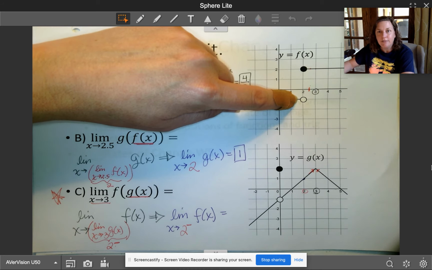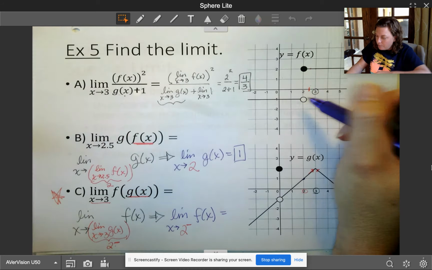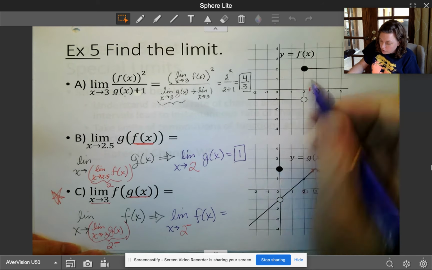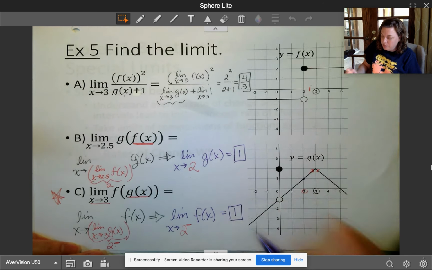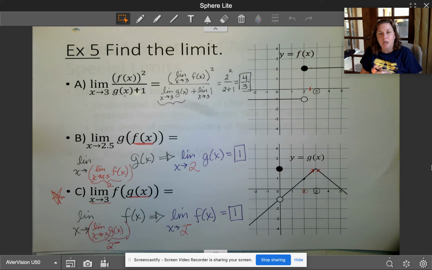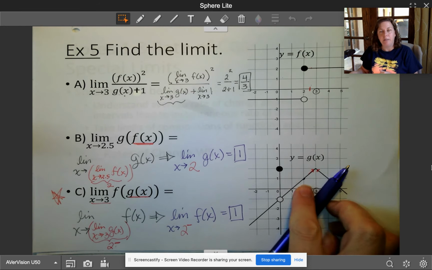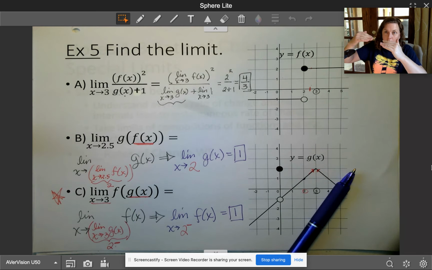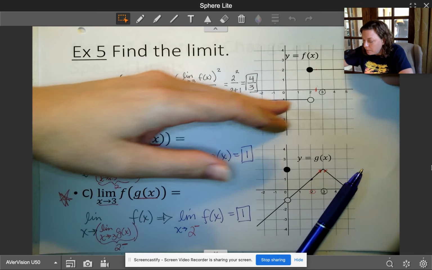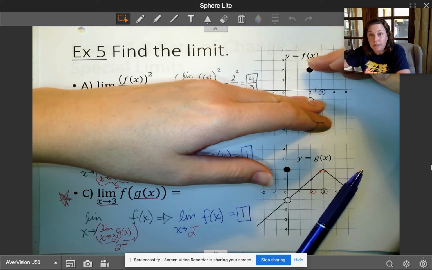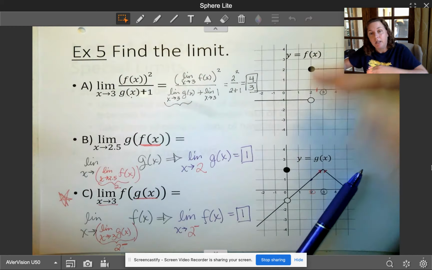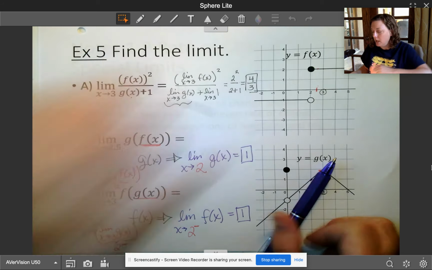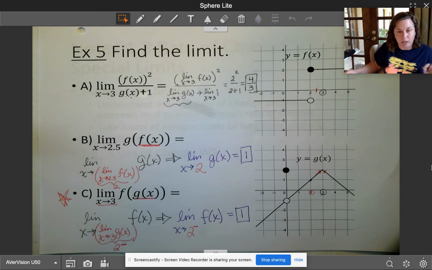So it's kind of a tricky distinction, but we're approaching 2 from values that are less than 2, which means we're approaching 1 for this particular limit. If it was just 2, meaning it approached from values lower than 2 and values above 2, then we'd have to come in from both sides. That limit does not exist. Okay, but here we were just approaching from one direction, so from one side does exist. So very interesting, very tricky.